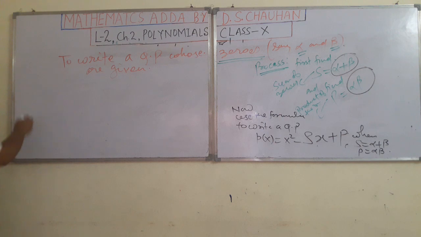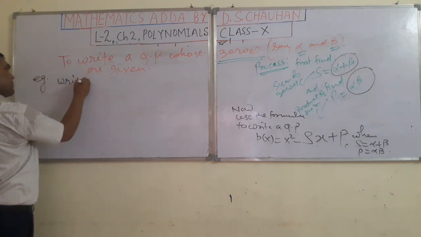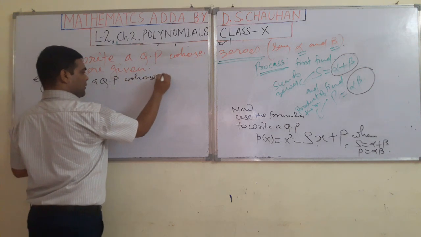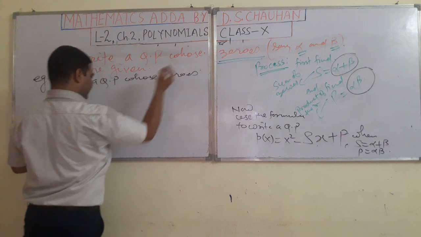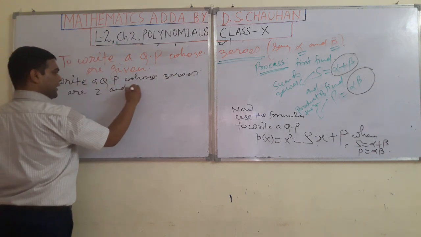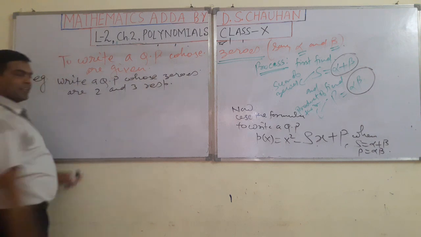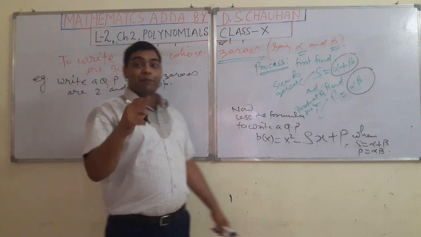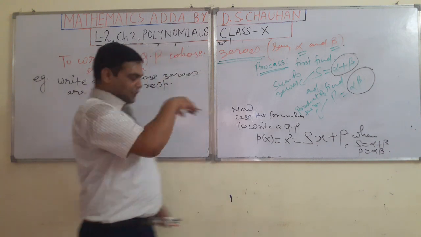Now see, one question I am giving you. Write a quadratic polynomial whose zeros are 2 and 3 respectively. See here, point out, here zeros are given, not the sum and product of the zeros.